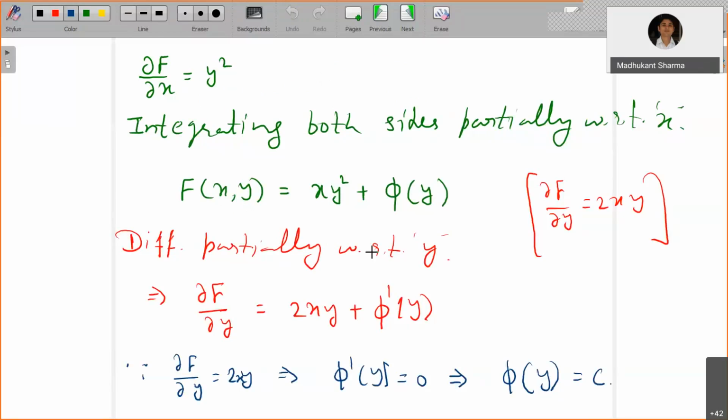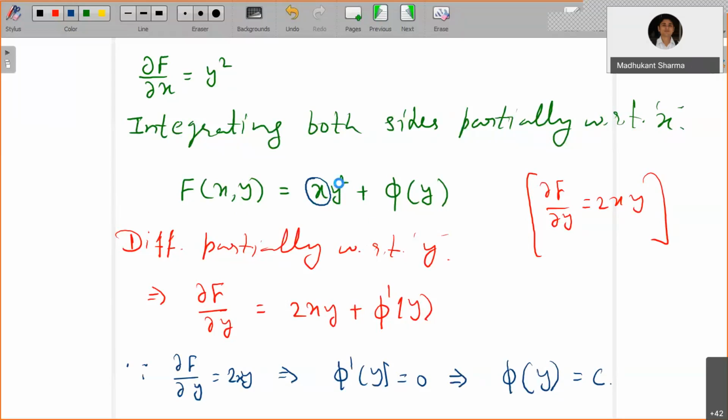Partially with respect to y means you are differentiating. So x is like a constant times y square. So what is the derivative of y square? It is 2y. So in total, the partial derivative is 2xy. Okay.